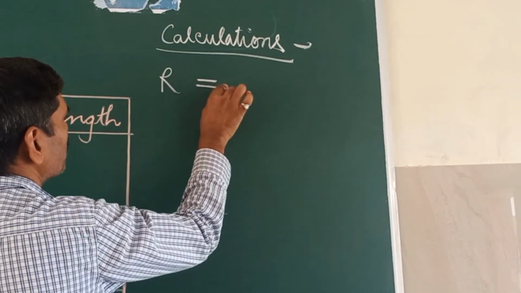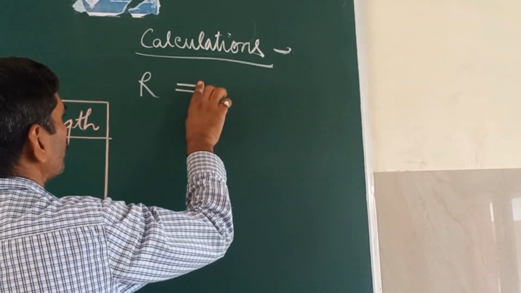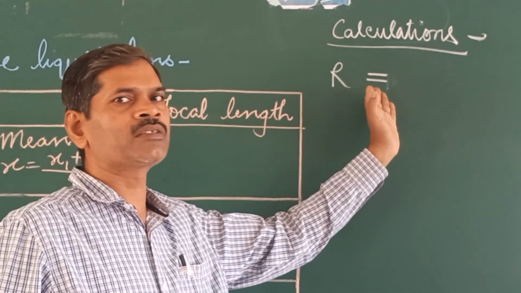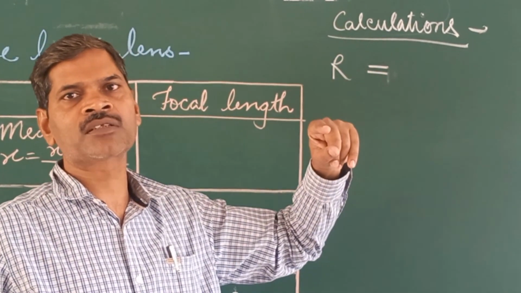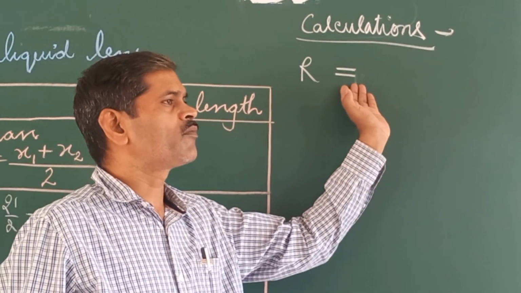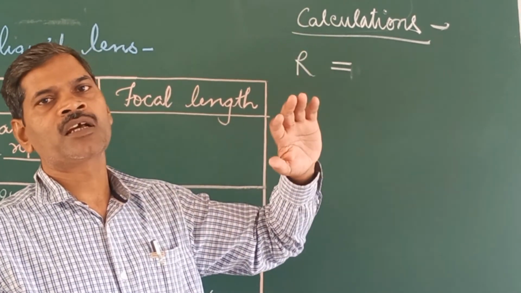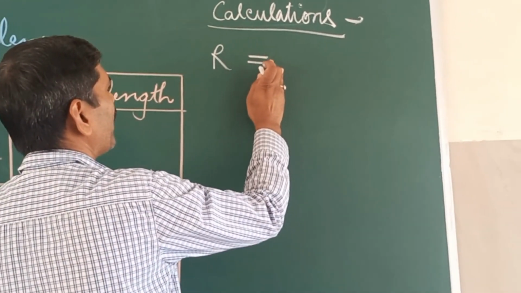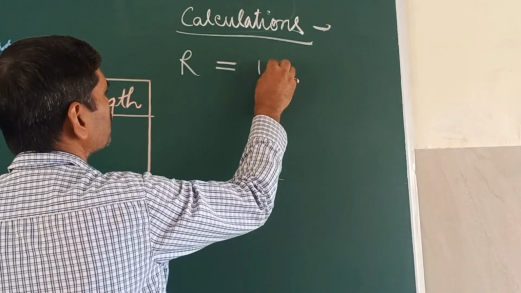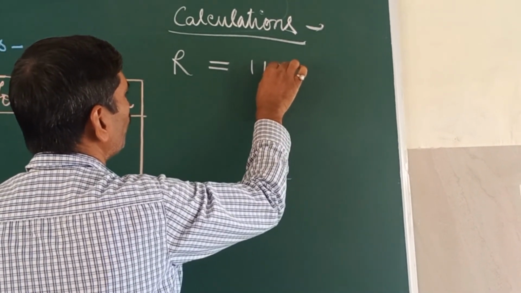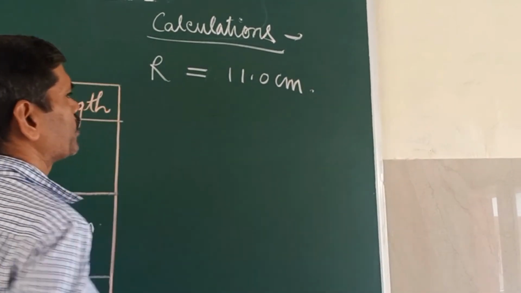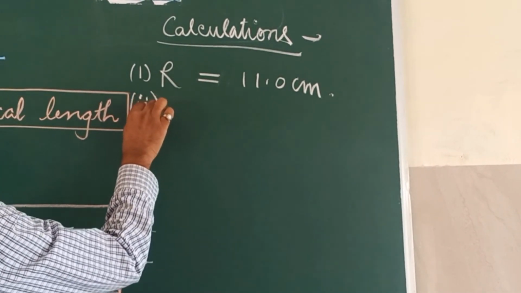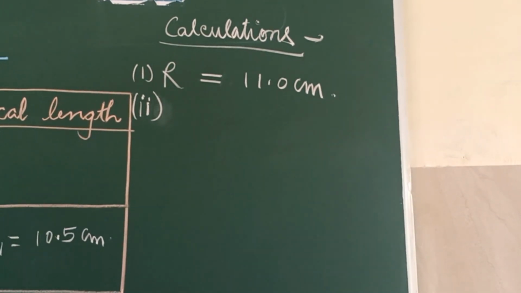You will determine the value of the radius of curvature by the same method as you calculated in the 11th class, the radius of spherical surfaces using a spherometer. I have calculated, and it comes approximately 11.0 centimeter.